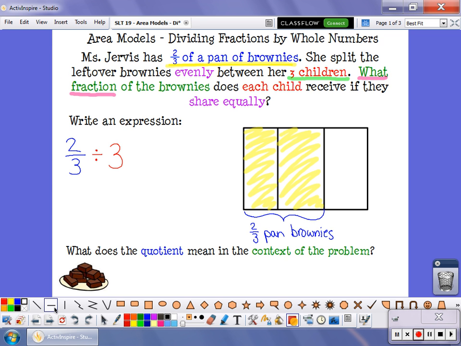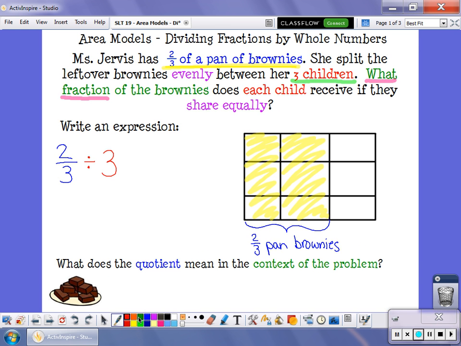Now Mrs. Jervis is going to take these 2/3 and share it evenly among her 3 children. So she's going to take these brownies and split them up between her kids. So this would be the first child. This is the second child. And this is the third child.